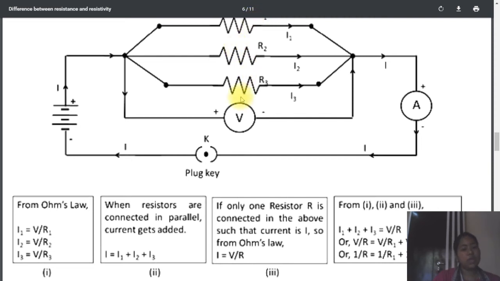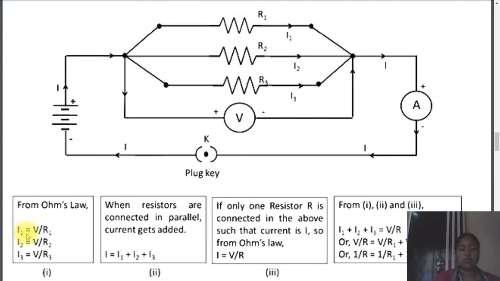The potential is the same across all resistors, with the value V. So from Ohm's law, I1 equals V upon R1.